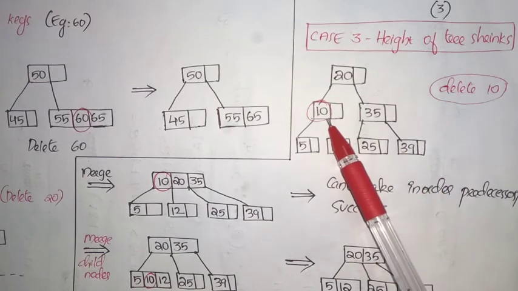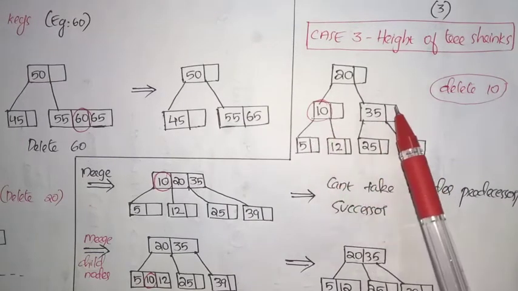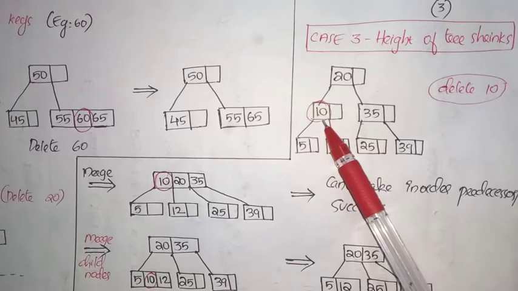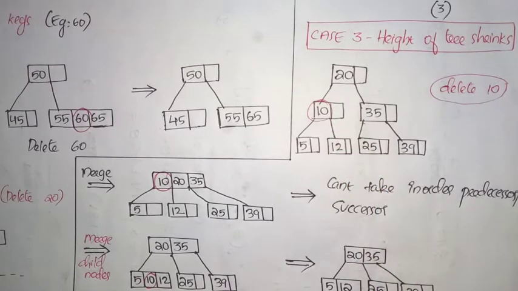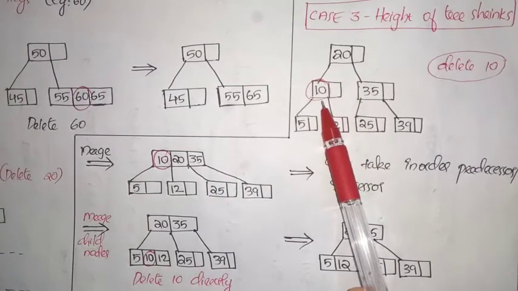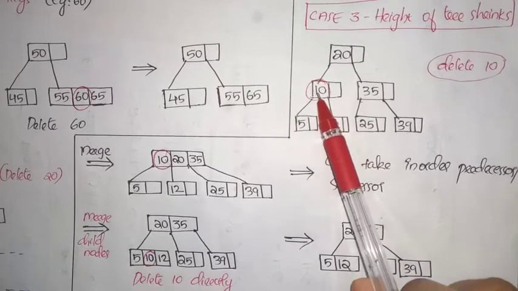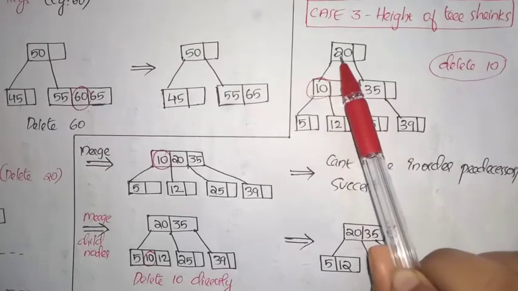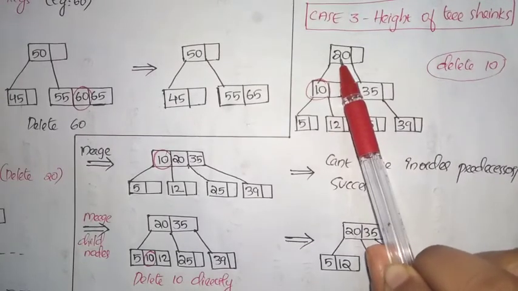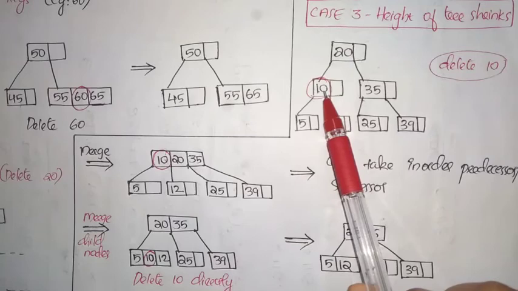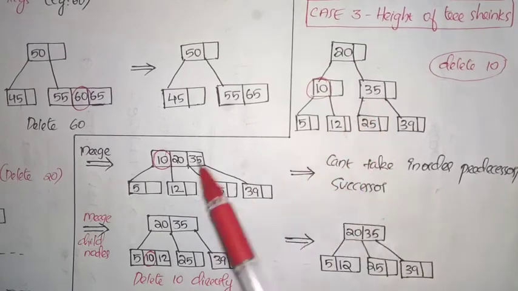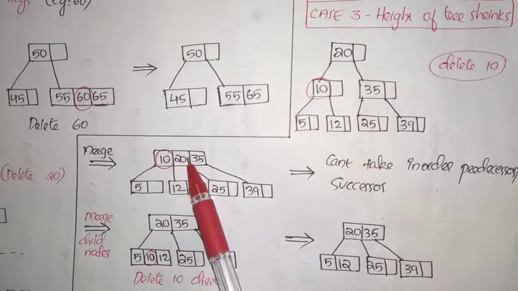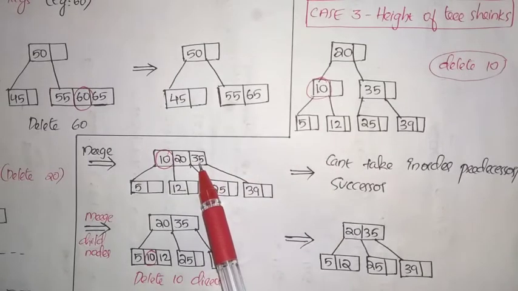So in such a scenario, we cannot directly delete the key value. So what we will do is perform a merging, that is 10 and 35 are merged together with the help of this parent node 20. So after the merging, how will this key be placed? This 10, 20 and 35 will be placed in a single node.